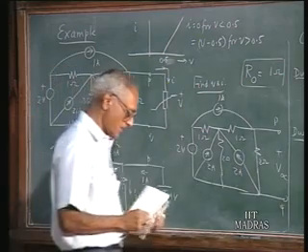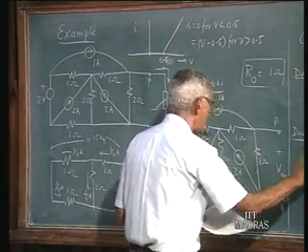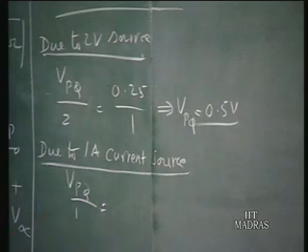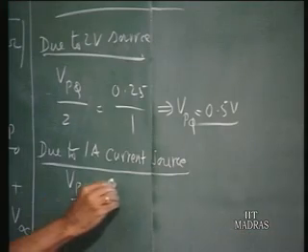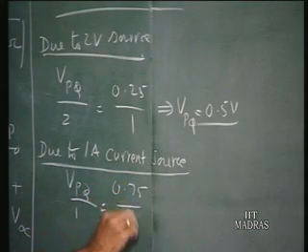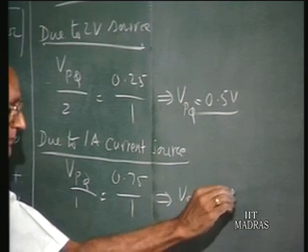Therefore you can say VPQ divided by 1 ampere is also equal to whatever voltage you are getting here, 0.75 divided by 1. That means your VPQ due to this is 0.75 volts.